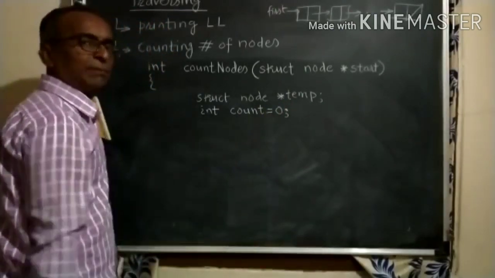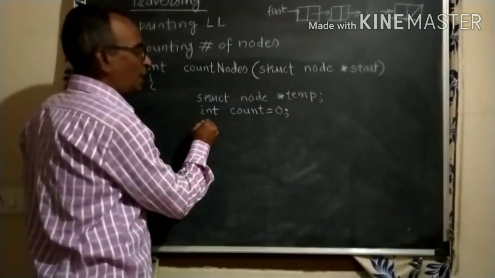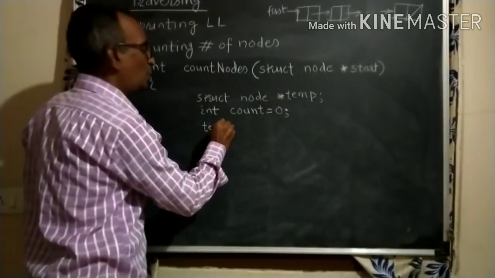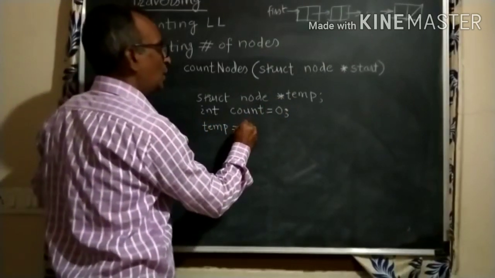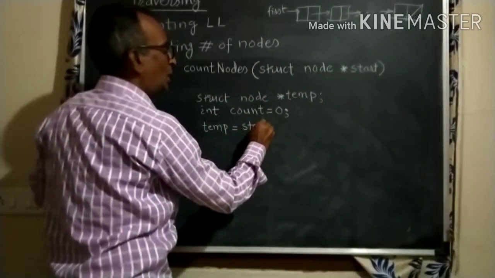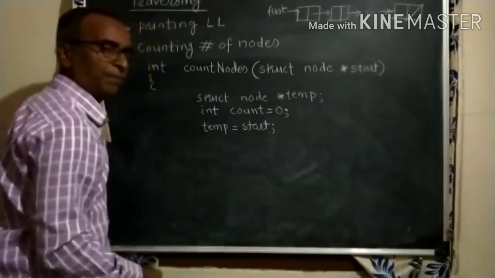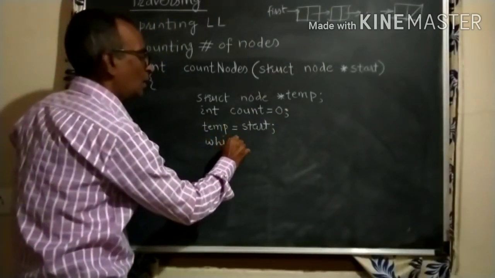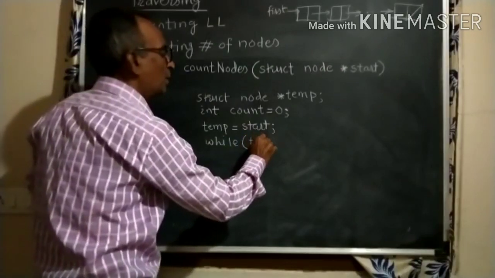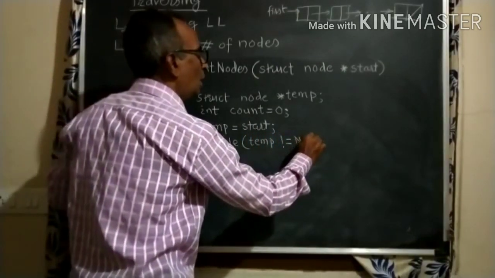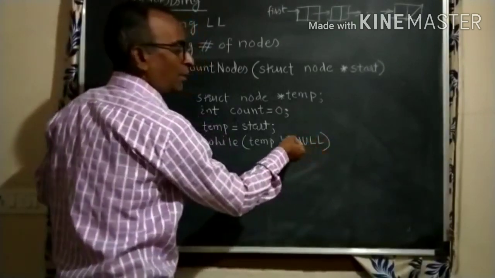Now what is the first step we have seen? Always this temp should be set to point to the first node. So here the first node's address is in start, so start is given to temp. Right? Now while temp not equal to NULL. Why are we writing this in capitals?